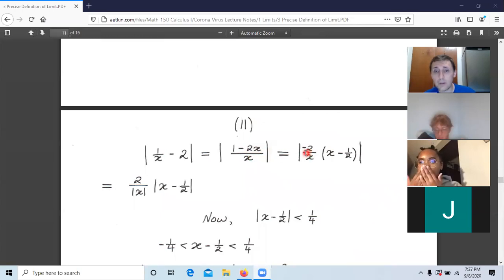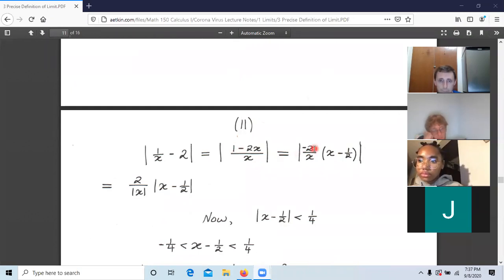And I want to figure out the distance of x to 1/2, in other words, x minus 1/2. So I'm going to factor out minus 2 from the numerator and x from the denominator.